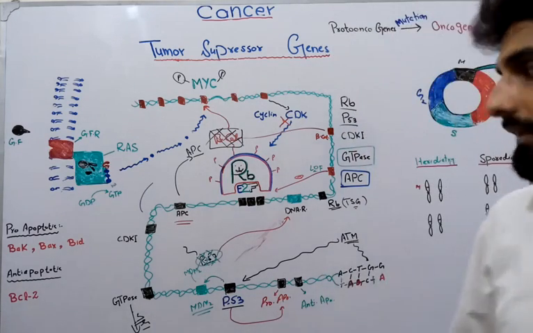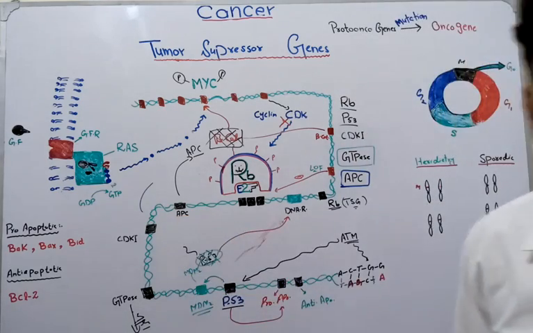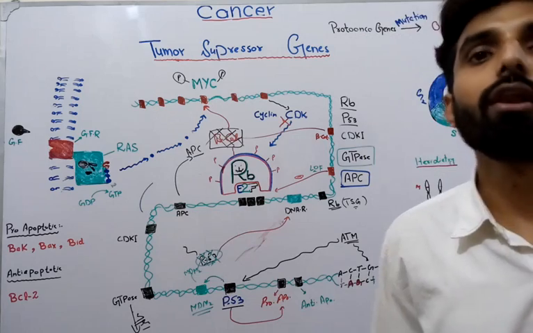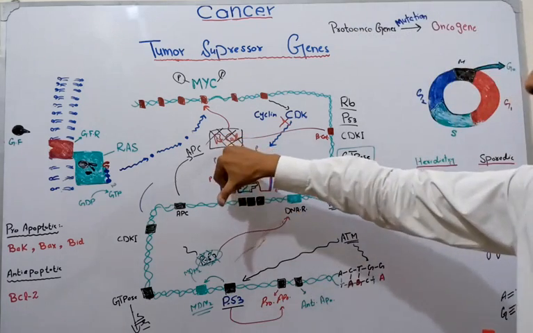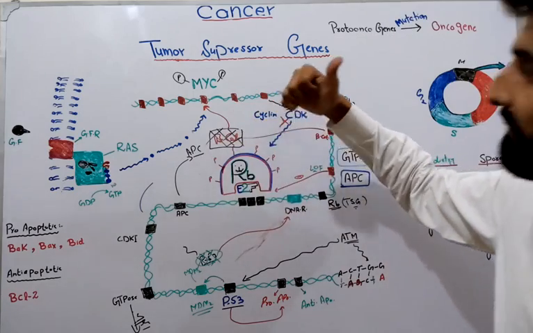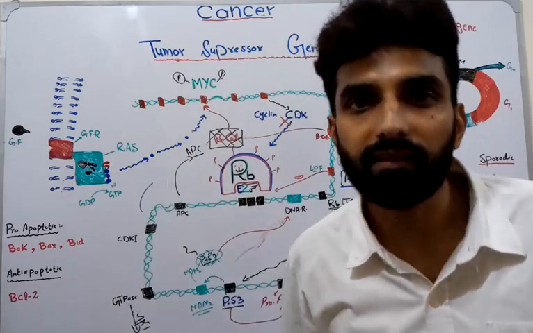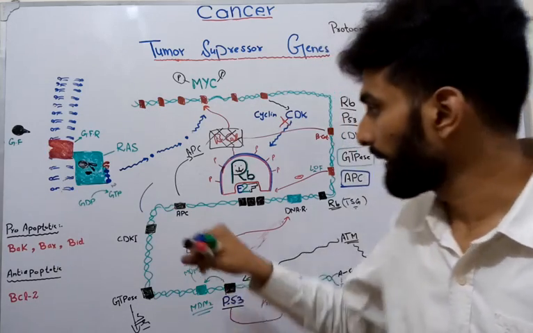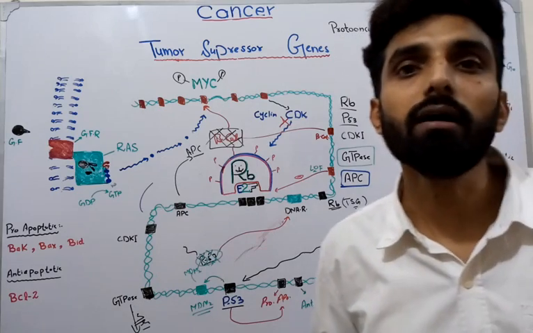Now assume that a loss of function mutation has taken place in the APC. Now APC will not be able to block this beta-catenin. So this beta-catenin will keep on activating the MYC, and MYC will keep on increasing cell proliferation. It means a loss of function mutation in APC can also lead toward cancer.